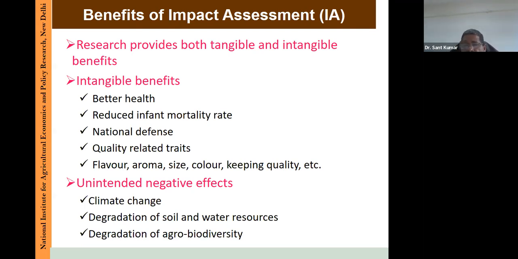Unintended negative effects have also emerged with the development of technology. The burning example is climate change, the degradation of soil and water resources, and degradation of agrobiodiversity is another burning example.